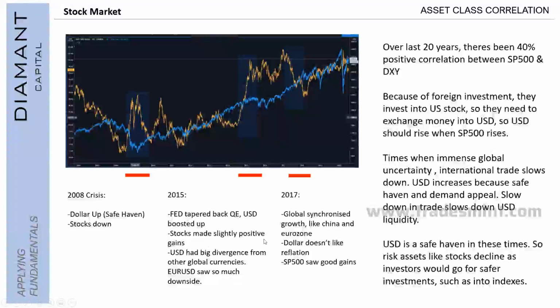Stocks made a slightly positive gain, but USD had big divergences from global currencies. What this means is, whilst USD was increasing in price, lots of other currencies were not doing the same.